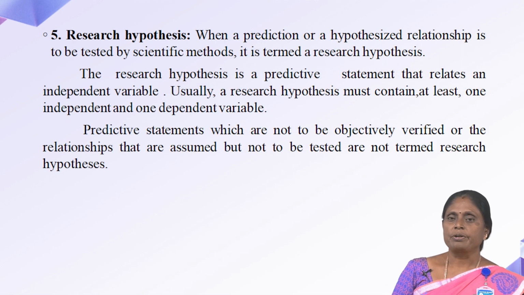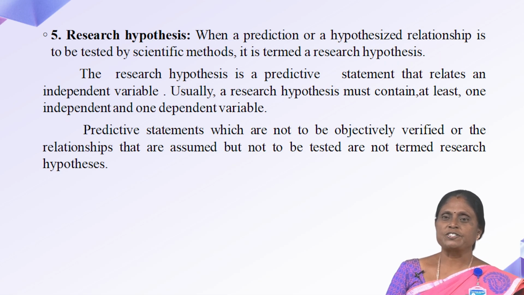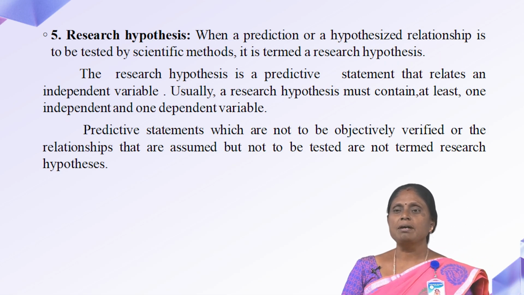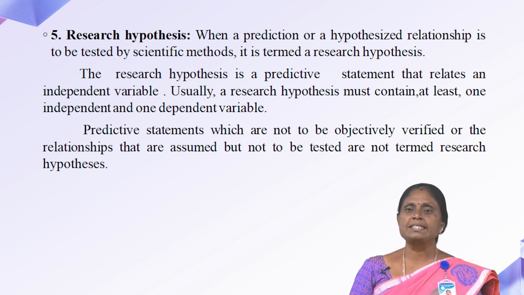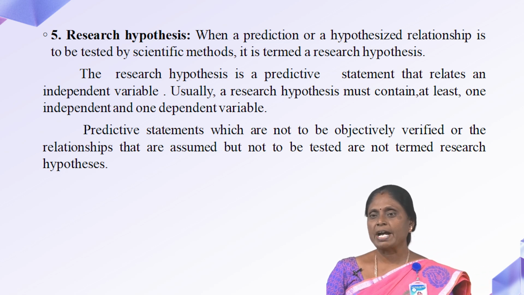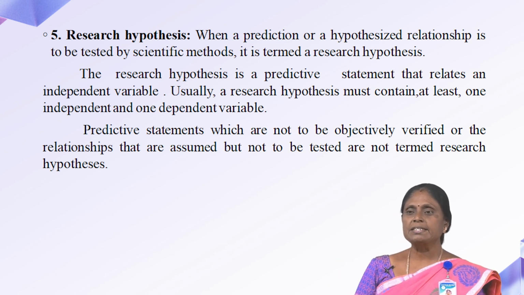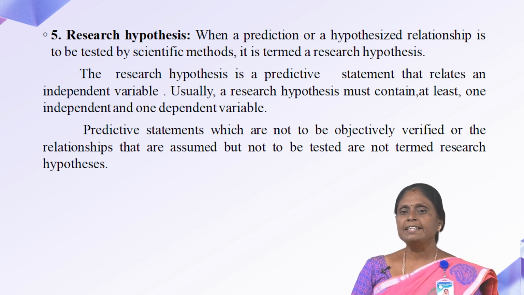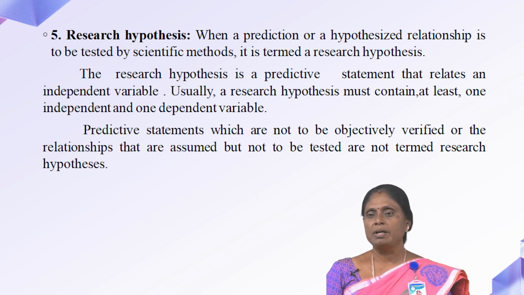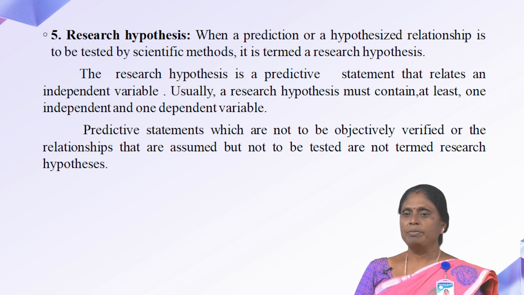Next, an important one, the research hypothesis. When a prediction or hypothesis relationship is to be tested by scientific methods, it is termed a research hypothesis. So, the research hypothesis is a predictive statement that relates an independent variable to a dependent variable.